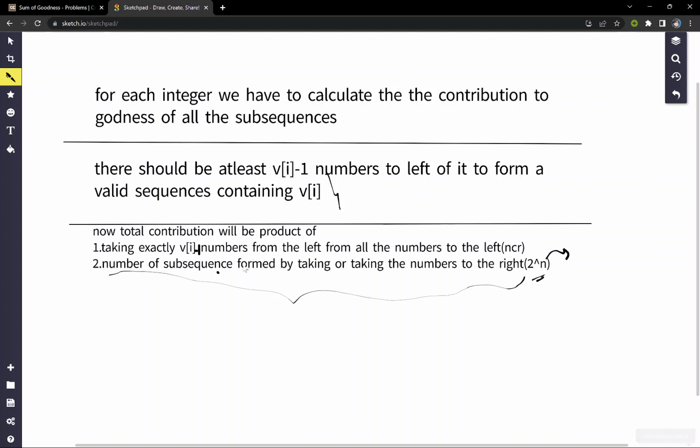And the number of ways of taking exactly v of I minus 1 numbers from all the numbers smaller than it is nCr, where n denotes the number of numbers smaller than v of I, and r denotes v of I minus 1.